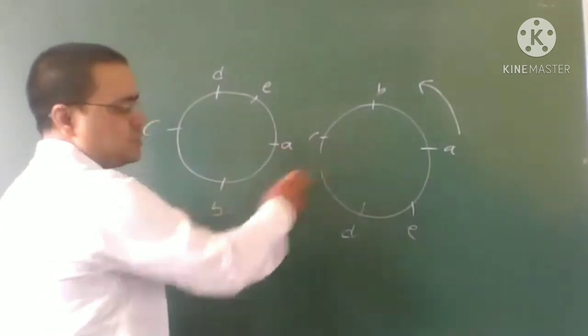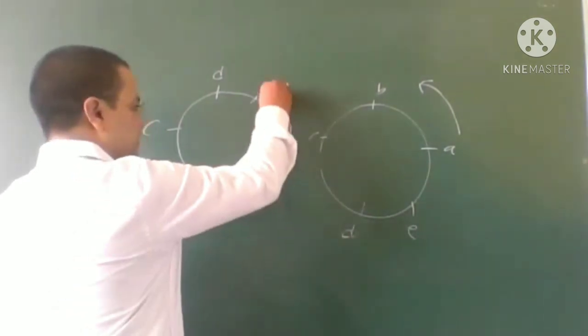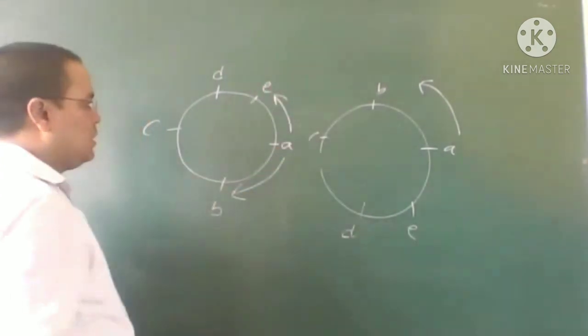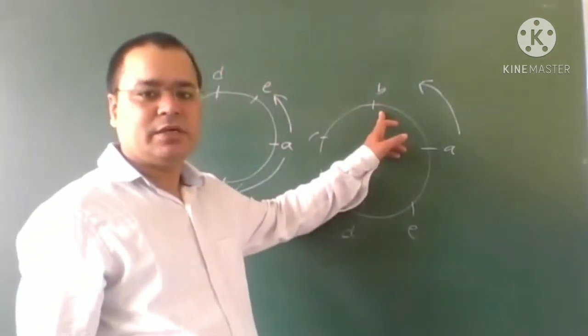Two situations are given. But in both situations, the neighbors are fixed: E, B here, and also E, B.